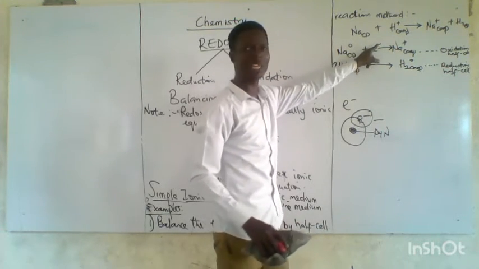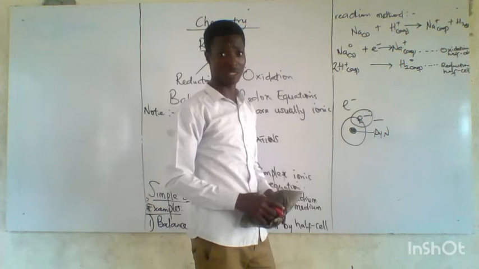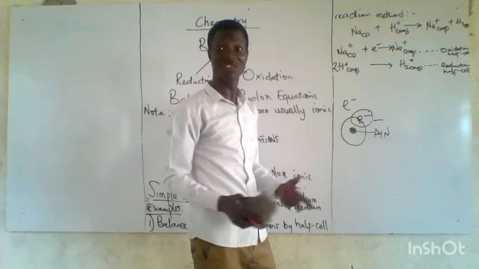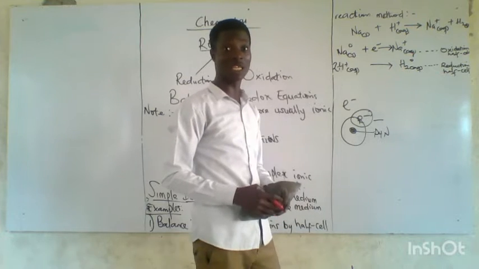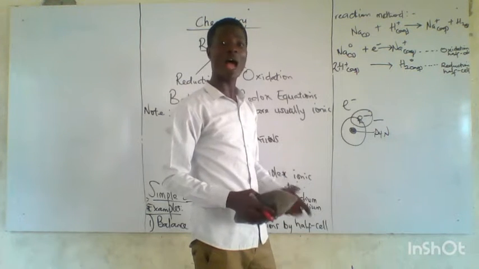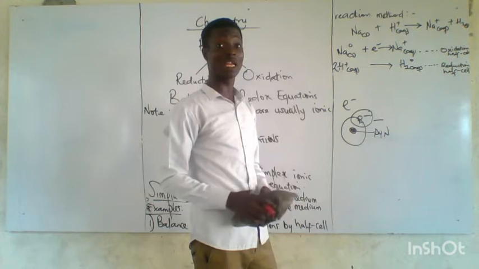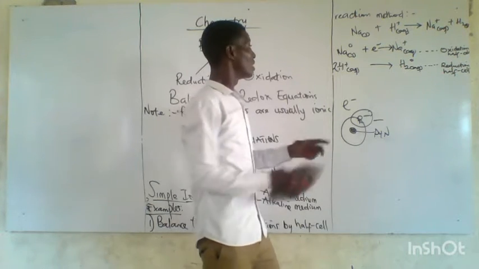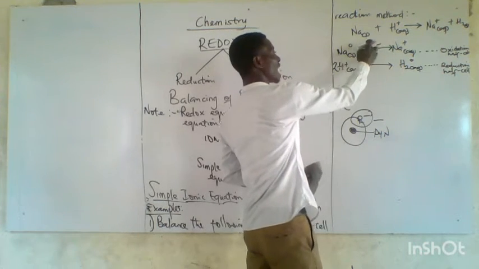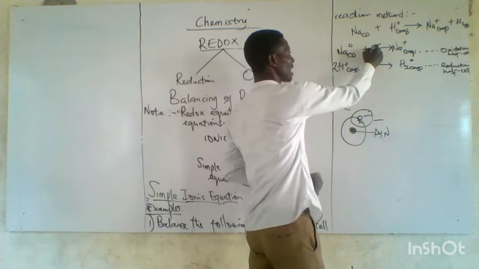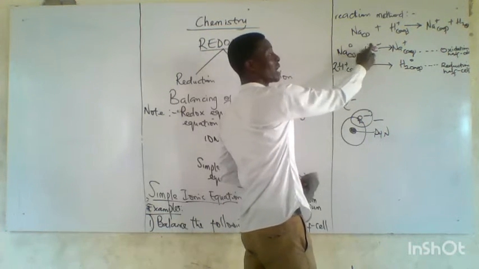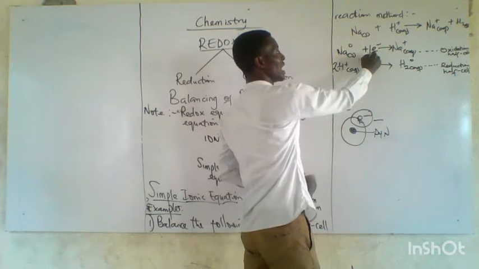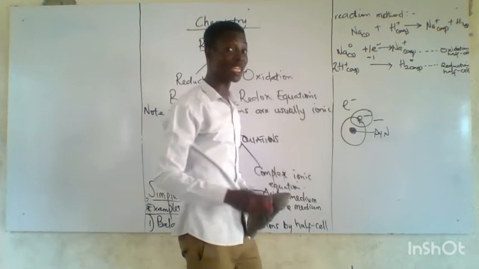But then, have I added an electron actually? No, I have not. I have just subtracted an electron. But I needed to add an electron there. So how did I know that I have subtracted an electron instead of adding? Minus times plus. This is an invisible 1, right? Minus times plus 1 will give me minus 1. Hence, I have subtracted an electron.